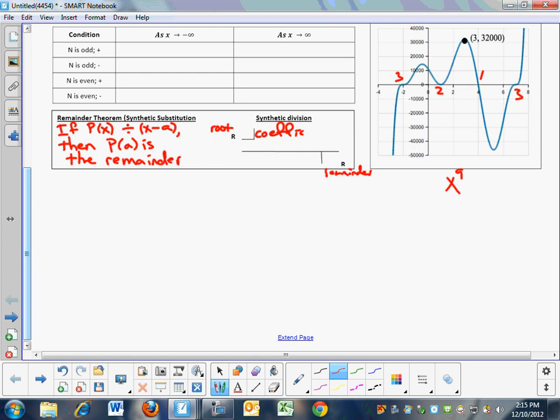Coefficients, good. And remember that our results are our constant, our linear term, our x squared, our x to the third, our x to the fourth. We work backwards to list all of our coefficients for our terms.